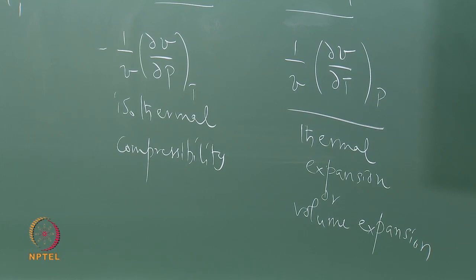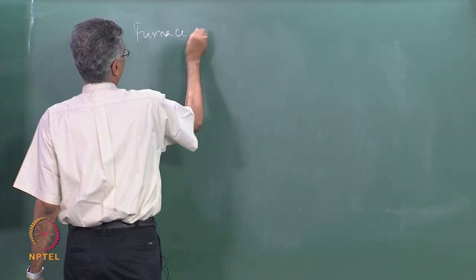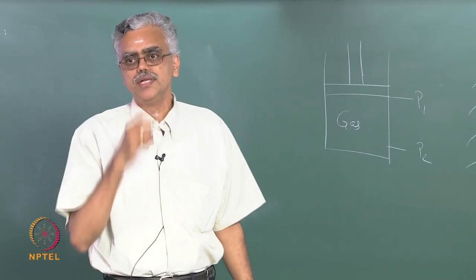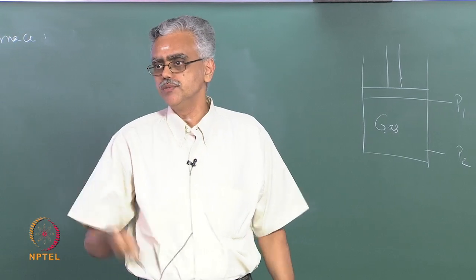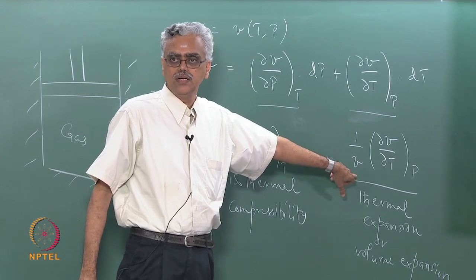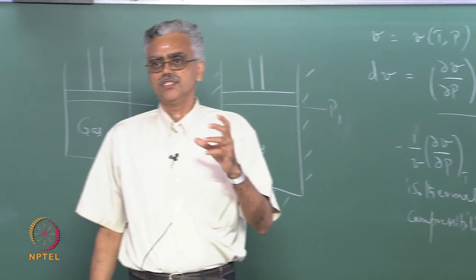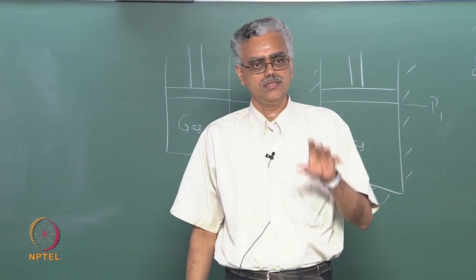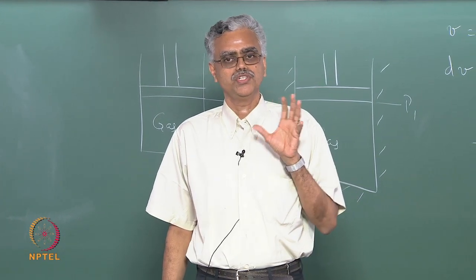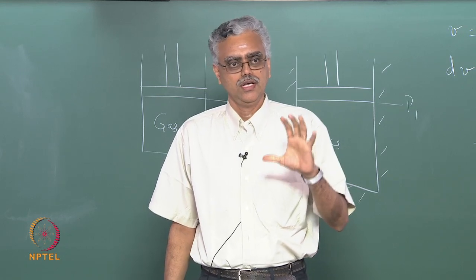If I think about, let us say, a large furnace or combustion chamber, you know that the change in temperature is very large, right. In a furnace the change in temperature is very large, and so the change in specific volume is also going to be quite large. So the change in specific volume due to the change in temperature is very large. But the question is the flow inside a furnace compressible or not? Is the compressibility effect important inside the furnace or not? Right. What about the pressure inside the furnace or combustion chamber? Does it also change or does it remain more or less constant?